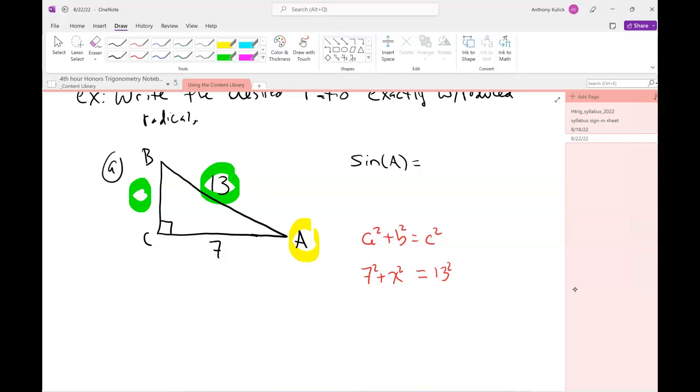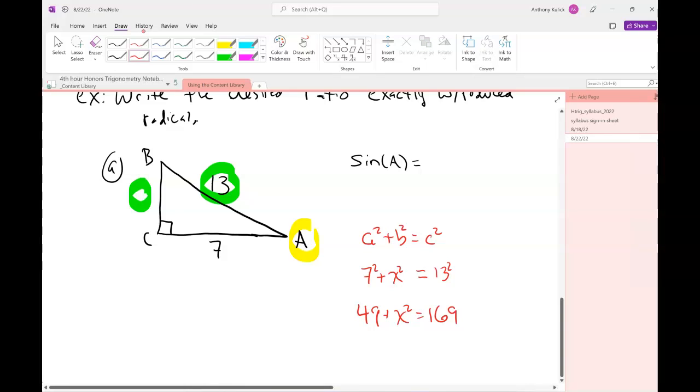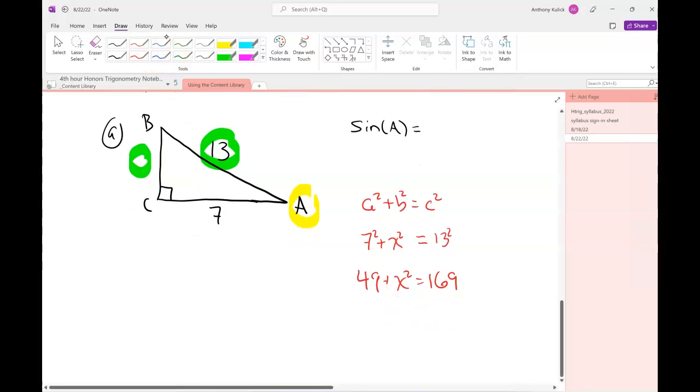Order of operations, right? The exponent has to come before addition or subtraction. Very good. So we do need to make sure we're squaring these numbers before we're adding and subtracting. I know I'm just kind of saying some stuff, but we're just reviewing, right? Then we can subtract the 49 from both sides.